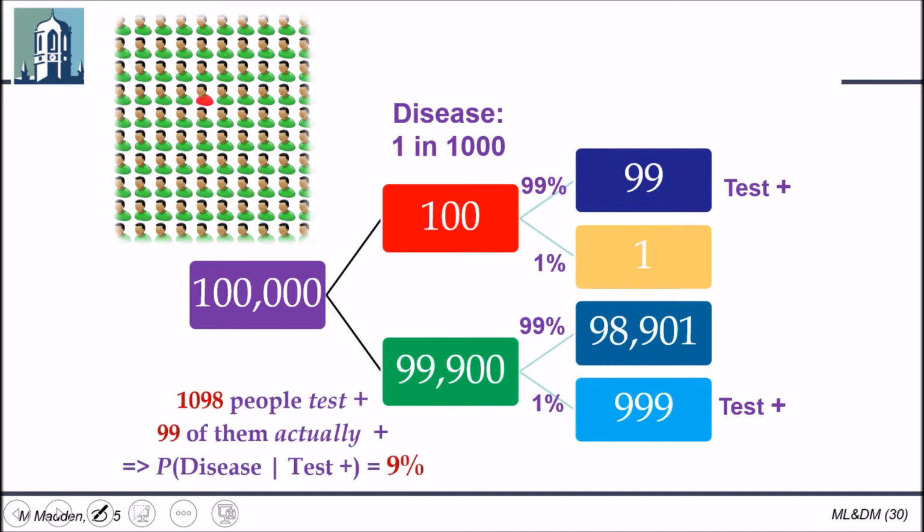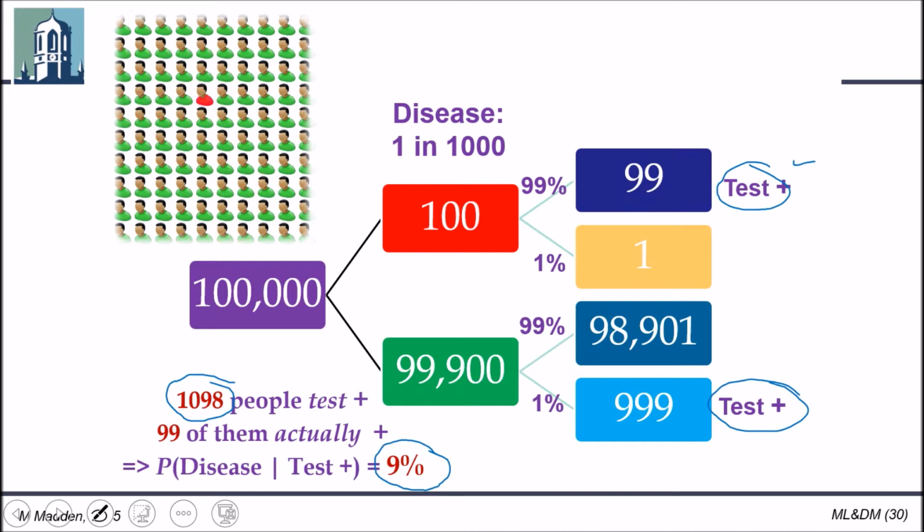And that is why, of the people who test positive for the disease, look, we can sum them up, these people plus these people, that gives us 1,098 people who test positive. But only 99 of them actually have the disease. Therefore, the probability of having the disease, given that this test is positive, and given everything else we know, is 9%.